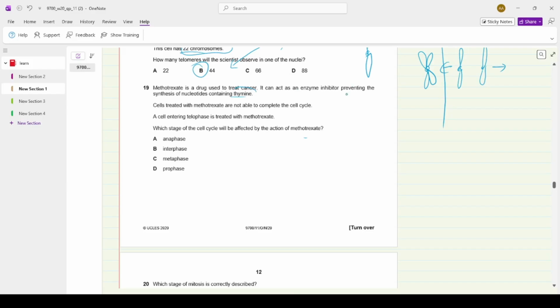They're saying it prevents the synthesis of this nucleotide, and this nucleotide is crucial because we need nucleotides to carry out DNA replication. If we don't have enough nucleotides, then there will be no synthesis of new strands of DNA. And as we are aware, this does not happen in anaphase or metaphase or prophase, but in the interphase of the cell cycle, specifically in the S phase.